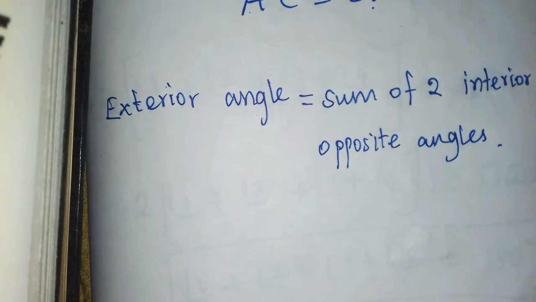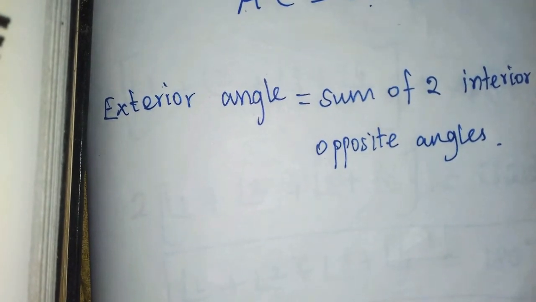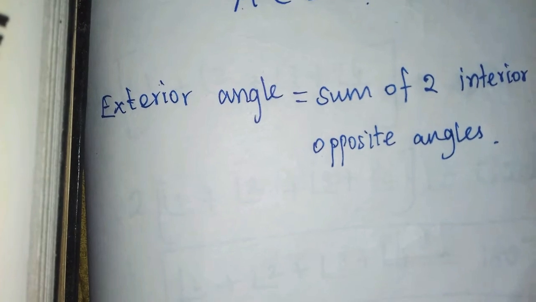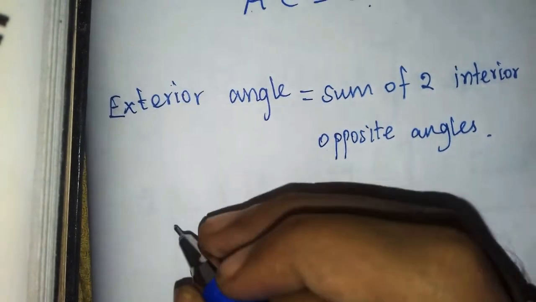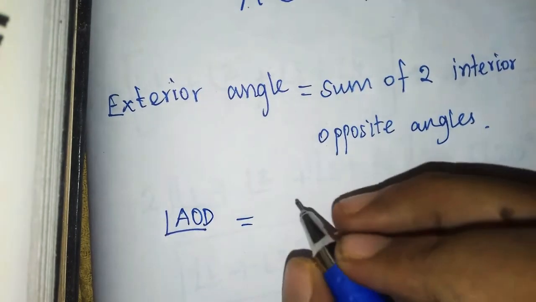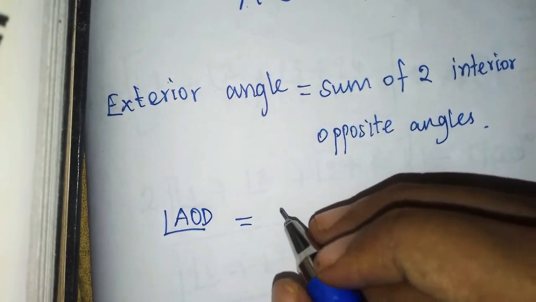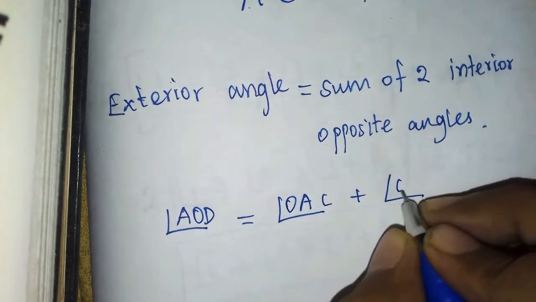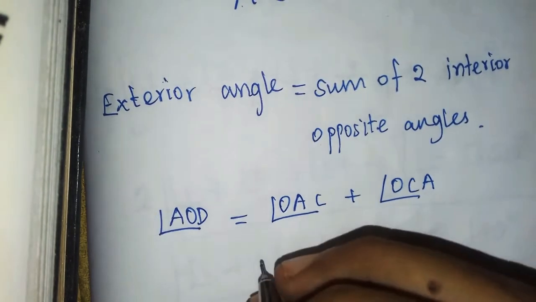Exterior angle is equal to the sum of two interior opposite angles. By this theorem, what are we going to do? We are going to find this. Here what is the exterior angle? Angle AOD is equal to, what is the sum of two interior opposite angles? Angle OAC plus angle OCA.